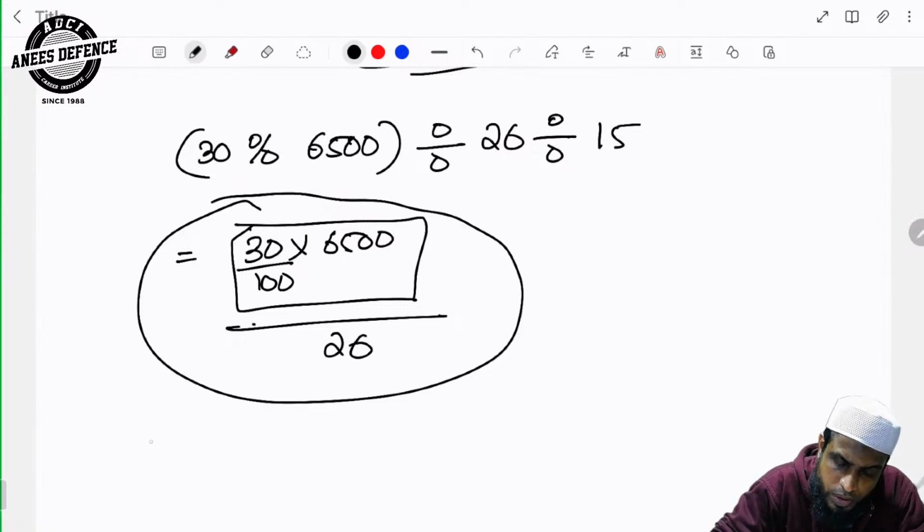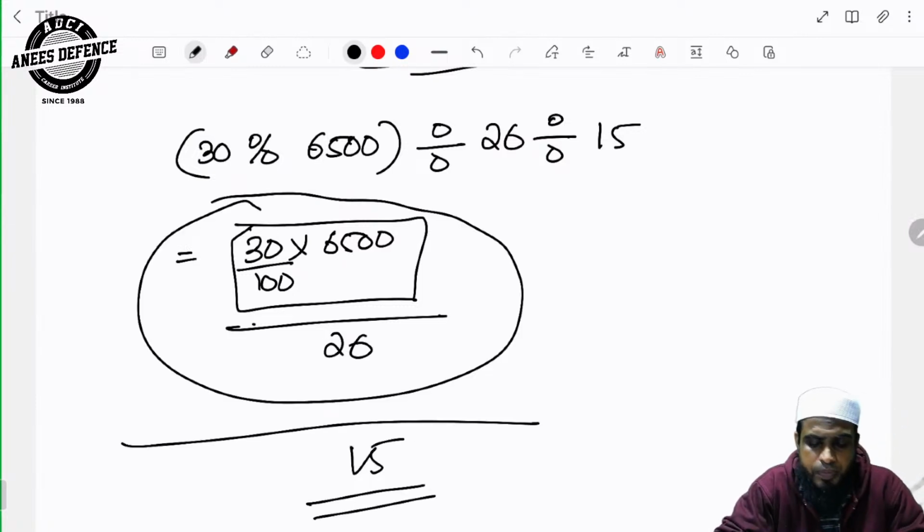After this result, divide by 15. So that is the answer.